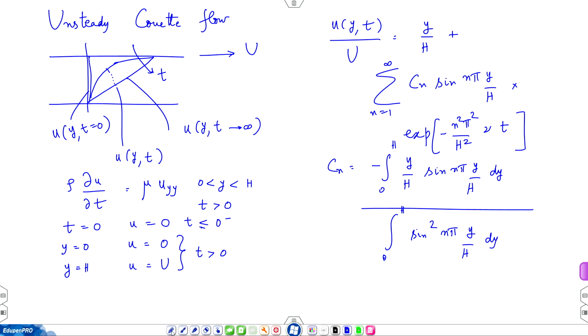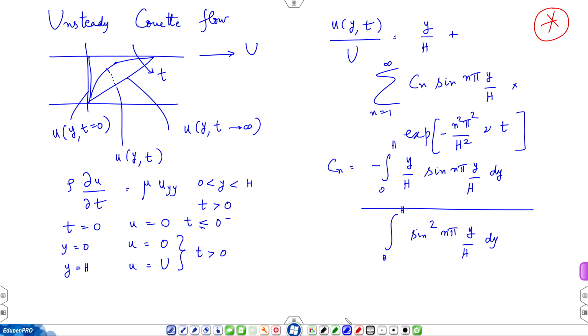So, let me call it a star problem, which means I will not ask you to derive the solution, but if you are interested you can go through it.